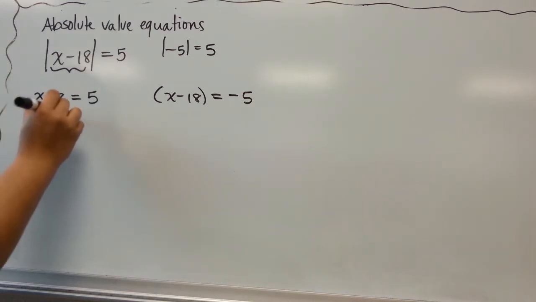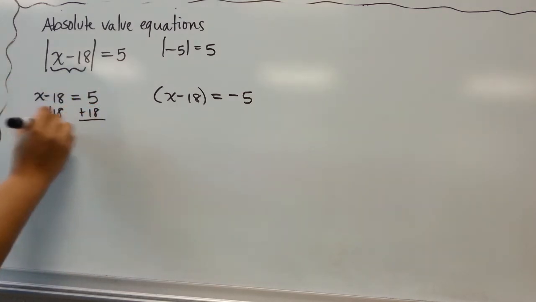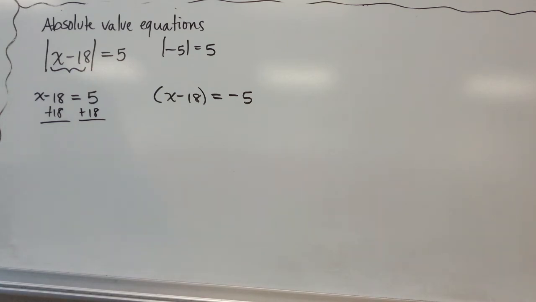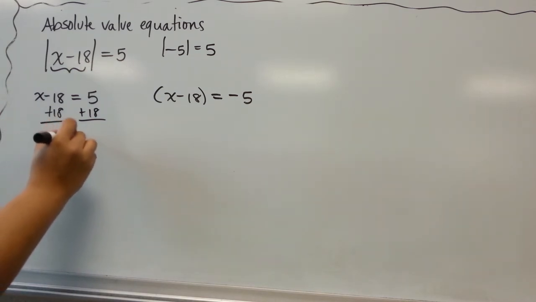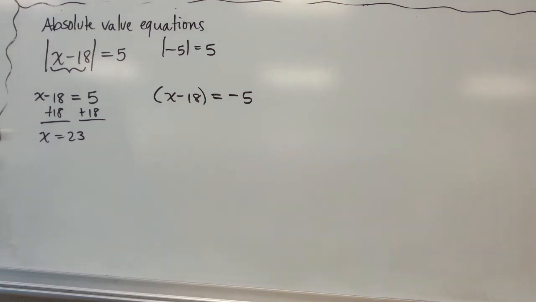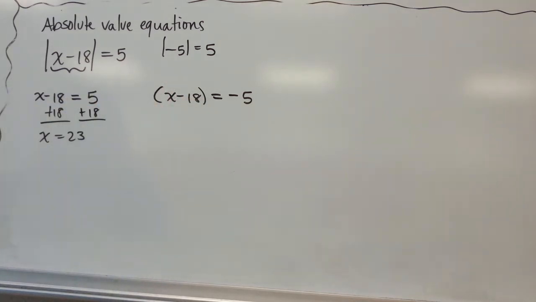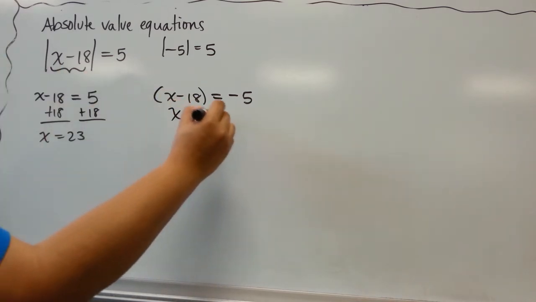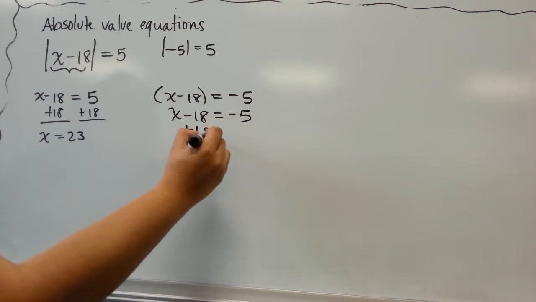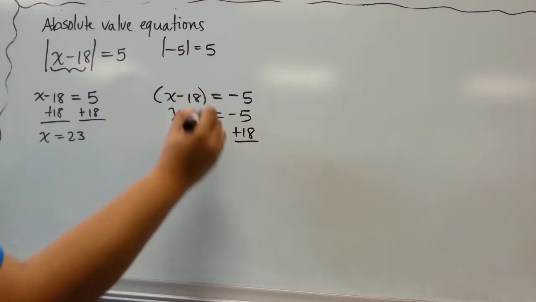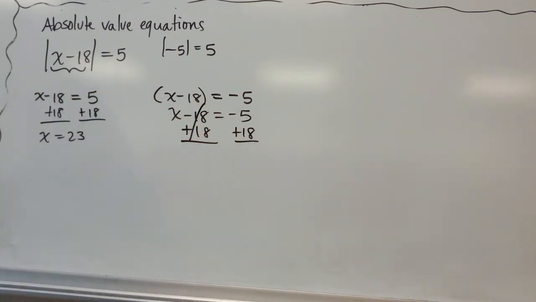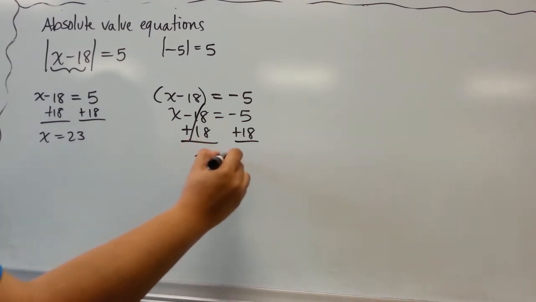So we're going to add 18 to both sides here, and you're going to get that x equals 23. Or we can drop these parentheses because there's nothing in front, and so we have x minus 18 equals -5. We're going to add 18, and you're going to get that x equals 13.